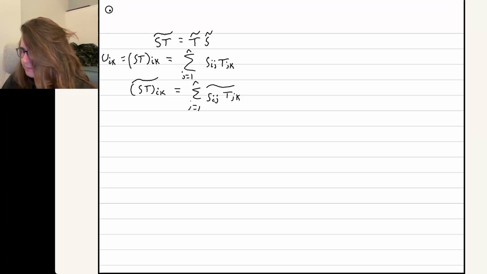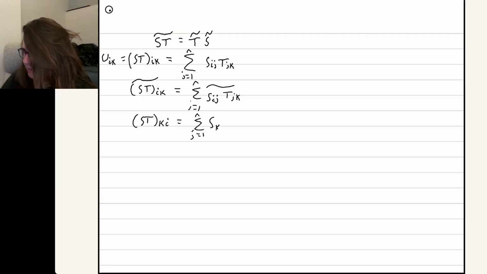But we know that when we take the transpose of a thing that is indexed, you just flip the indexes. So we know that this is going to be the (ST)ki instead. So on the right-hand side, to reflect this, we're just going to put a K every time we see an I, and put an I every time we see a K. And you get that sort of thing there, right?